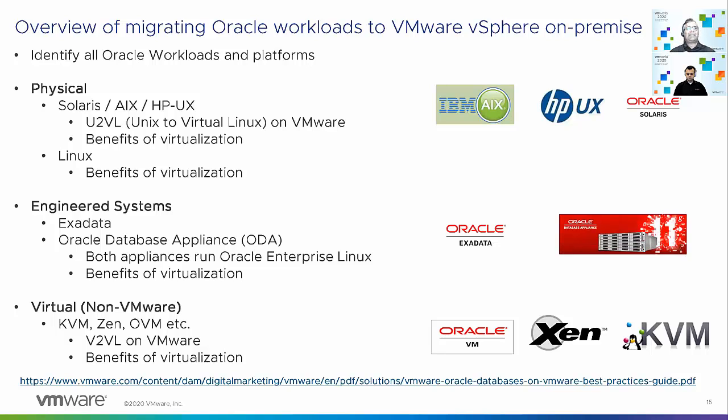If you look at any of these three migration strategies, all three of them must take into account the best practices guide for the specific VMware vSphere version and the VMware best practices guide for running Oracle workloads. And again, the link at the bottom of the slide is the Oracle Databases on VMware best practices guide.